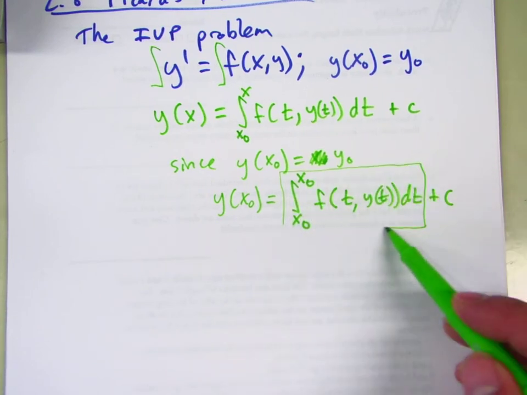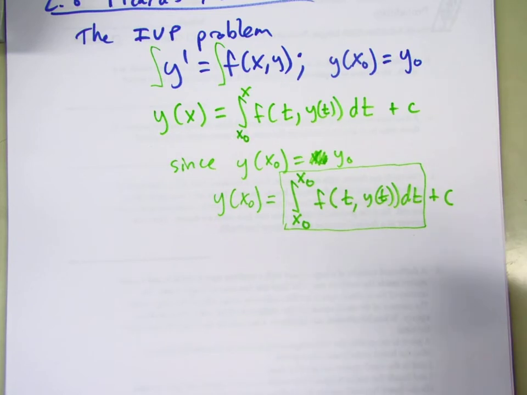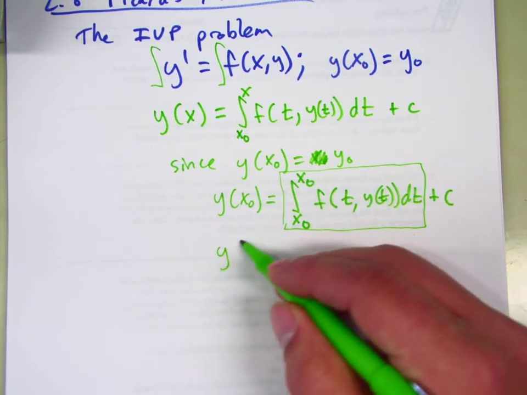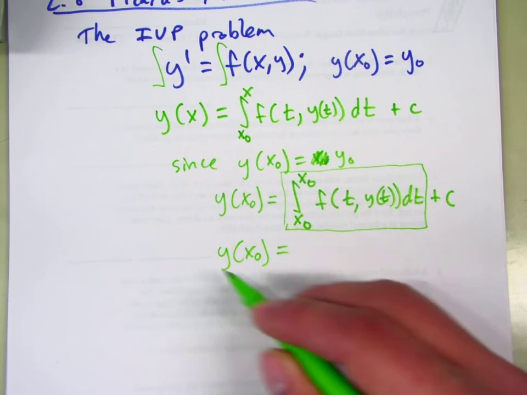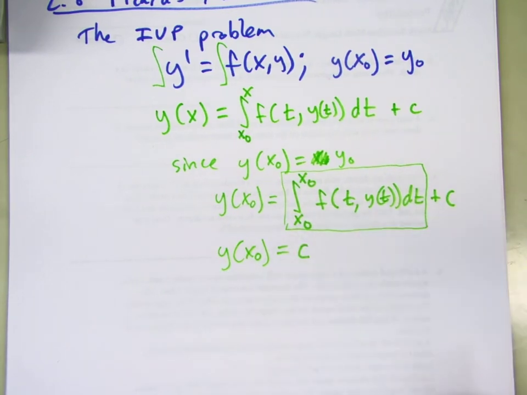What's this going to be? I heard 0. Okay. So then our initial condition is actually just going to be equal to this constant that we get from that integration.